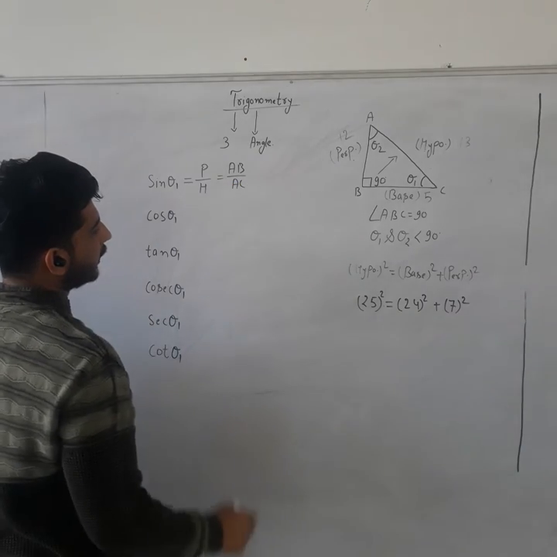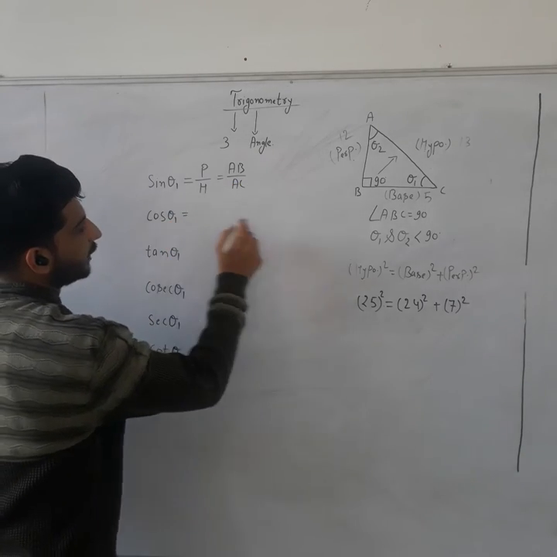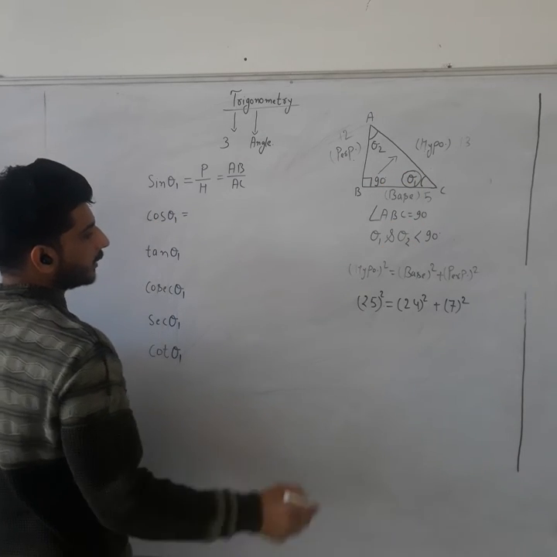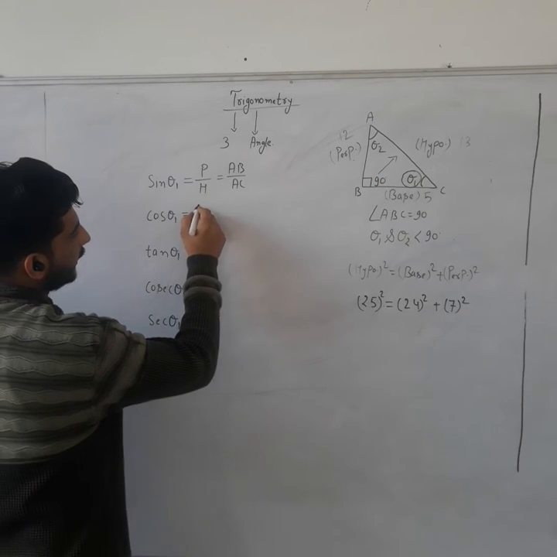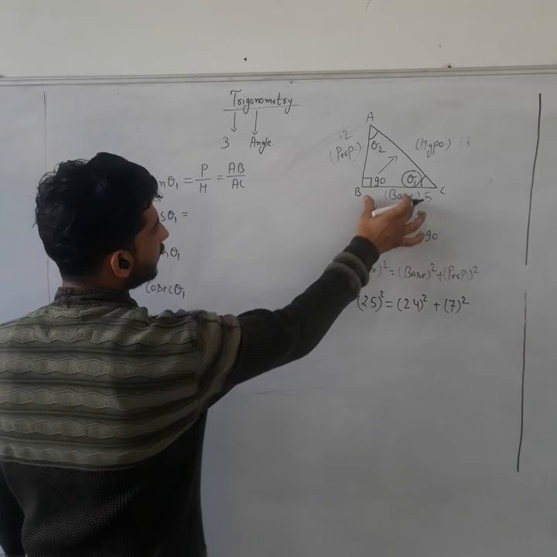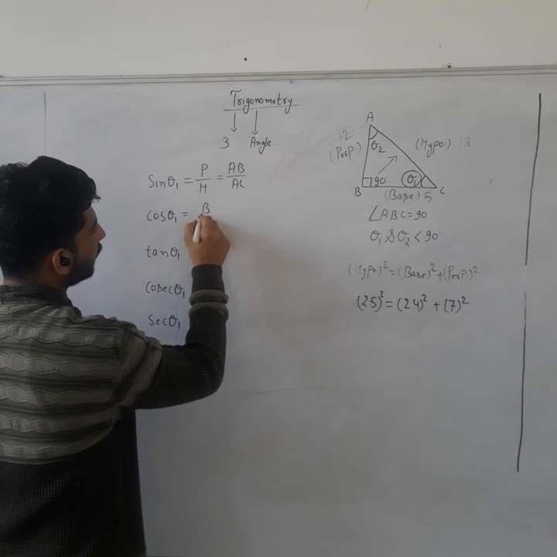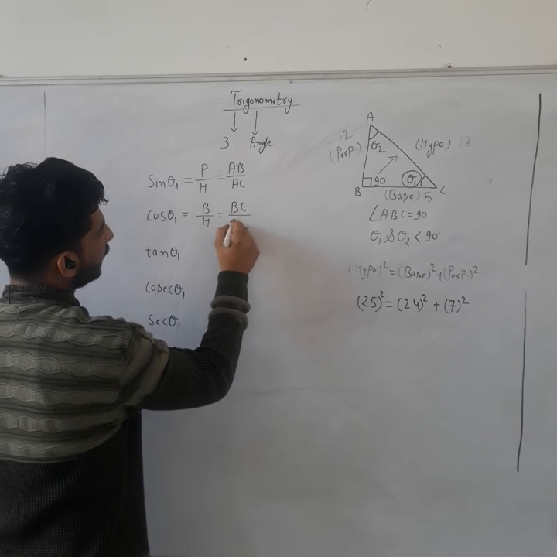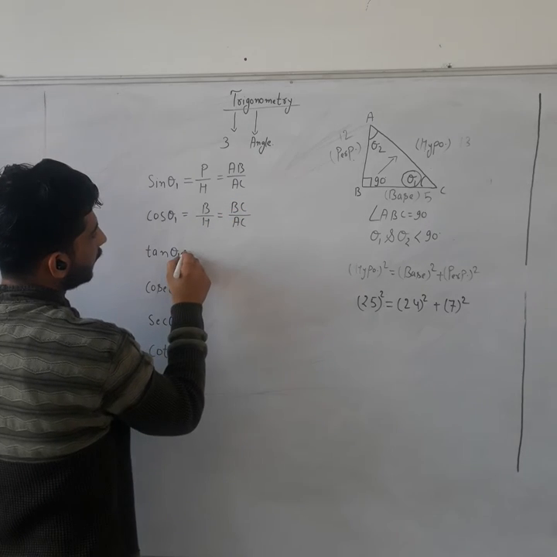Okay. What is cos theta 1 with respect to this angle theta 1? That is base upon hypotenuse. So base is BC, base upon hypotenuse, that is BC by AC. What is tan theta 1?